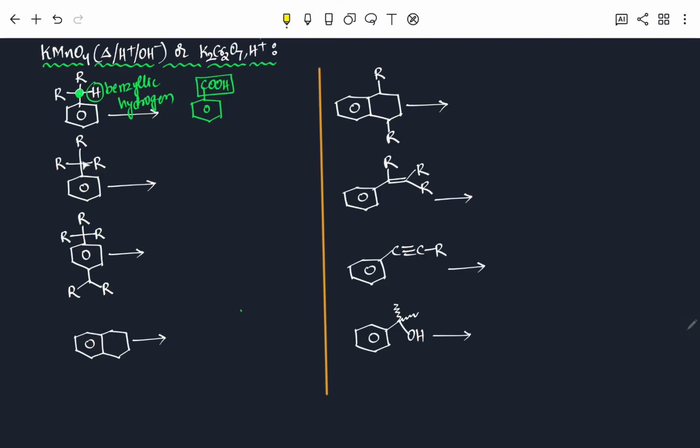If the carbon next to the benzene has no benzylic hydrogen, then two possibilities are there. One possibility, no reaction. Or we have to oxidize the benzene ring. So the benzene ring undergoes oxidation.